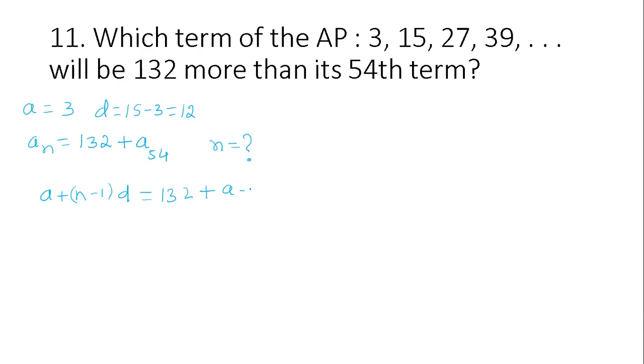A54 means A plus 53D. Now, A plus ND minus D, take all terms to this side, minus 132 minus A minus 53D is equal to 0.